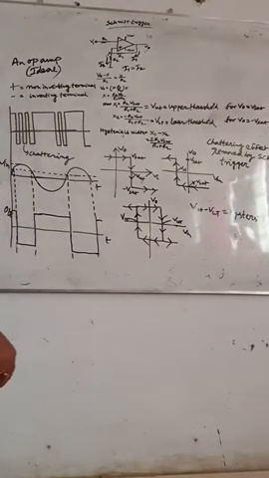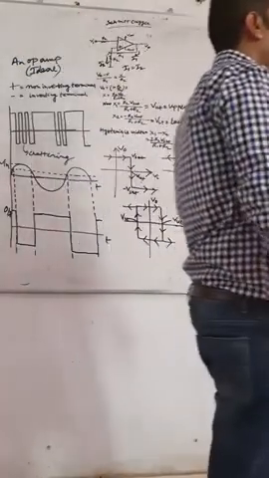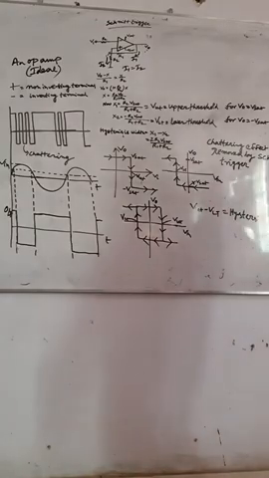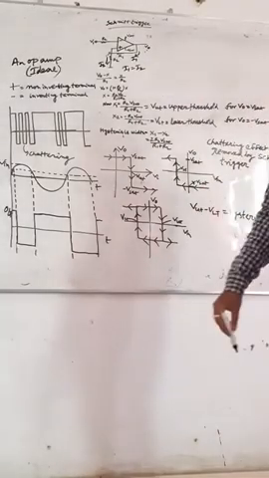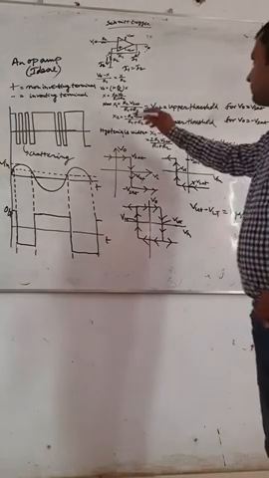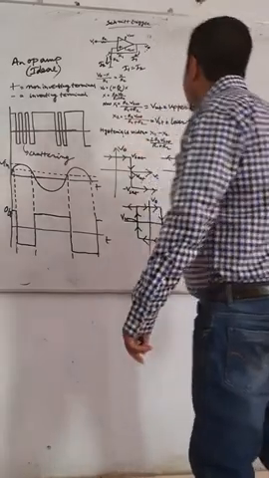Suppose plus V sat is 15 volts, so minus V sat will be minus 15 volts. The output you will obtain after the operation will be restricted between plus V sat and minus V sat. Now let us consider plus V sat.